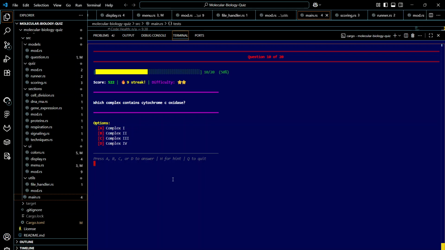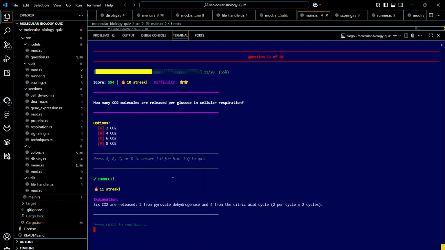Which complex contains cytochrome C oxidase? I think it's complex 2, but I'm not sure. No, I think it's 4. Nice. How many CO2 molecules are released per glucose in cellular respiration? I believe it's 6.